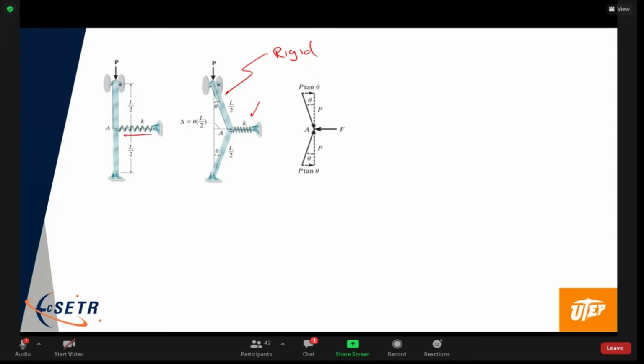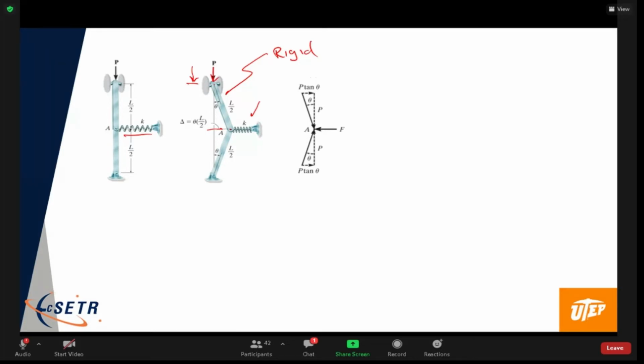And so obviously, as this pivot link moves in and compresses the spring, this point will deform downward, okay? And the way this happens is only from this top load here, P.